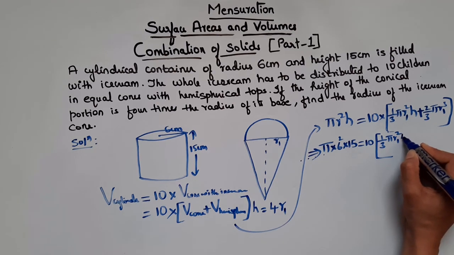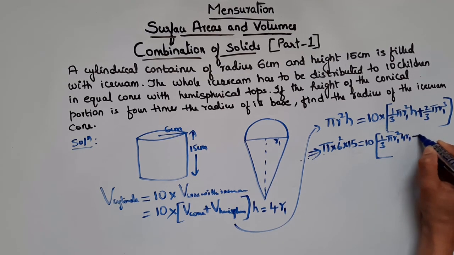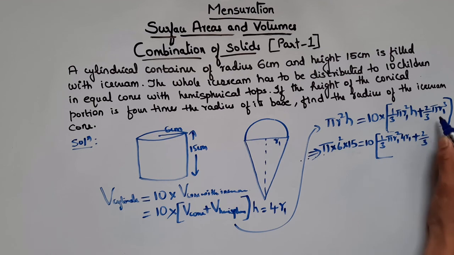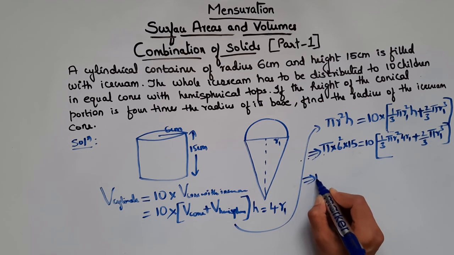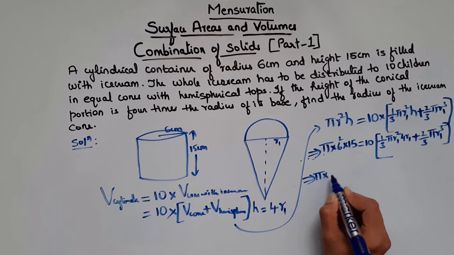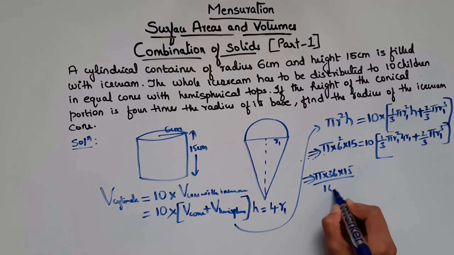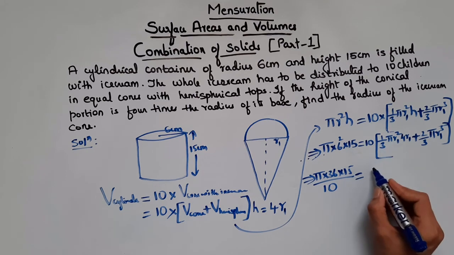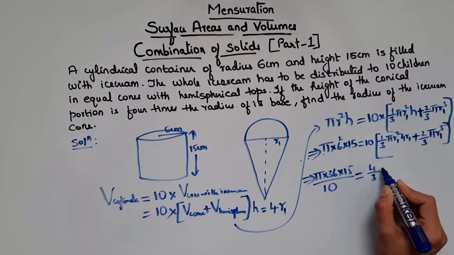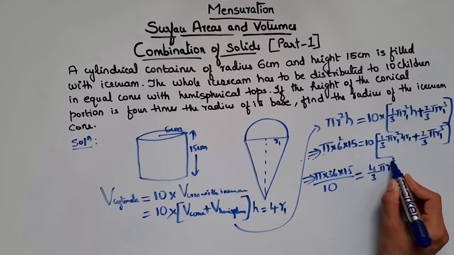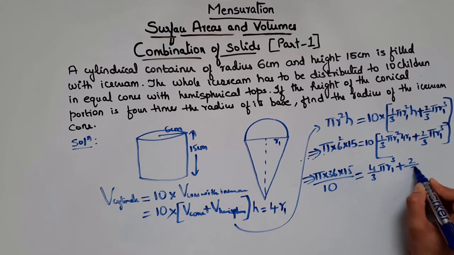So this h is 4r1 plus 2 by 3 pi r1 cube. Our aim is to find the value of r1. So this implies pi 6 square is 36 into 15. This 10 we will bring down, which is equal to 4 by 3 pi r1 cube plus 2 by 3 pi r1 cube, right?